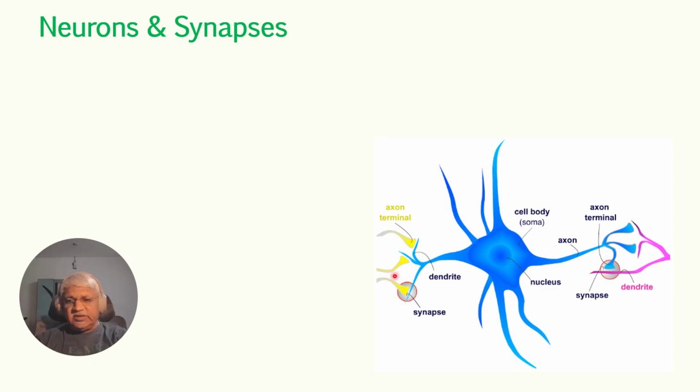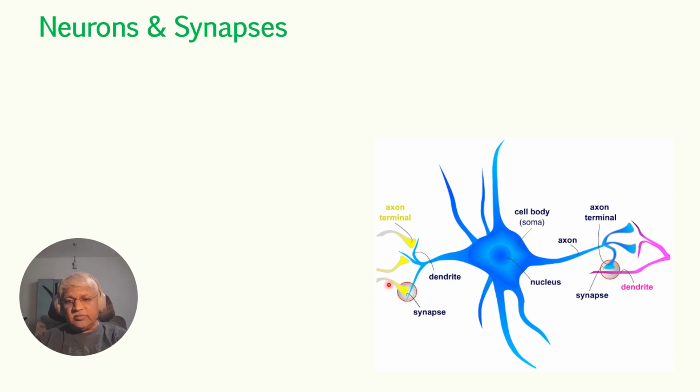So if you see here, the neuron axon terminals are connected to another neuron's dendrite through a synapse. So this part is called the synapse. And from the other neuron, their axon terminals are connected to this dendrite. Here, this blue one is a dendrite, and this yellow belongs to one neuron.